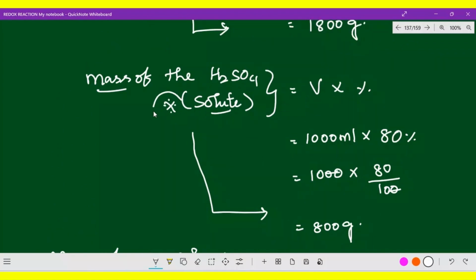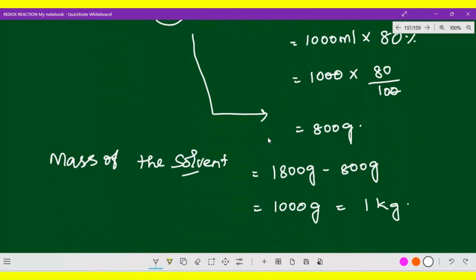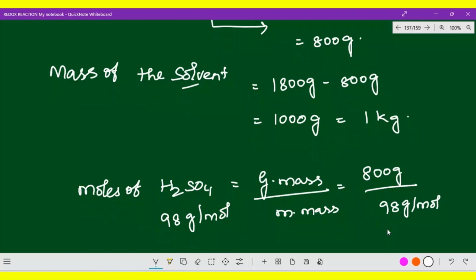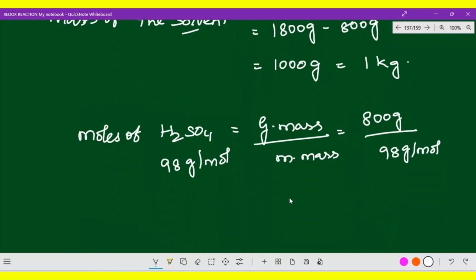So it is 800 gram divided by the mass of H2SO4, 98 gram per mole. You know very well, it is the king of the acids. So what is the answer? Here you will get 8.157 moles, right? I hope you got the clarity. Moles of H2SO4, you got it.